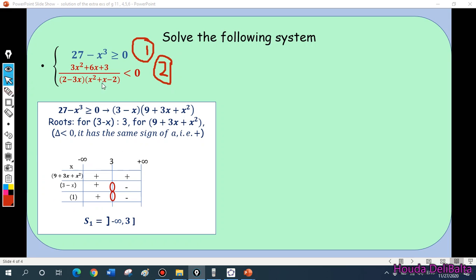Now according to the first inequality, 27 minus x cubed can be factorized as (3 minus x) into (9 plus 3x plus x squared).